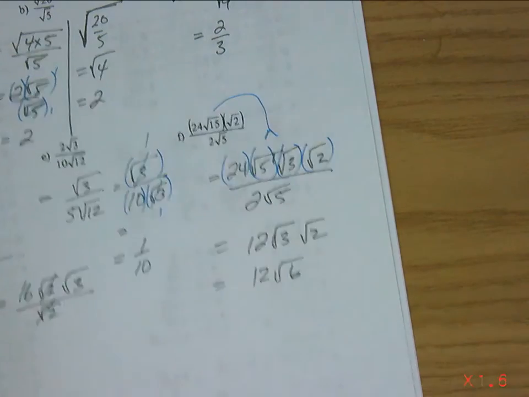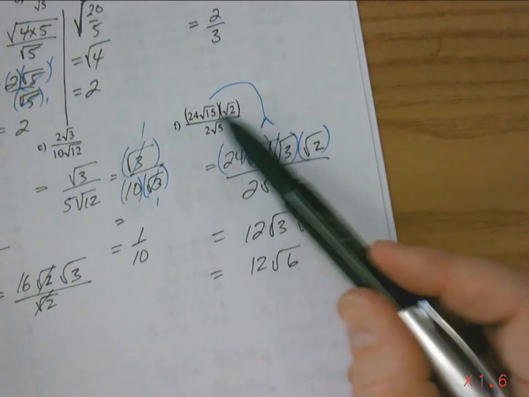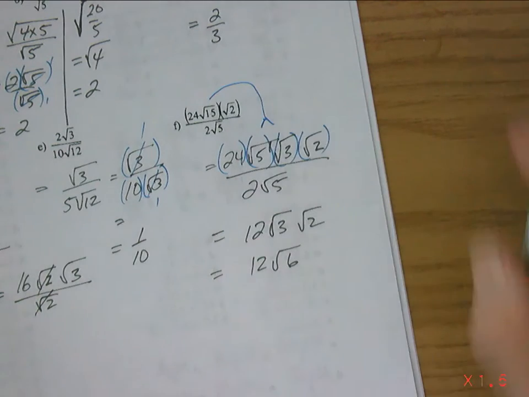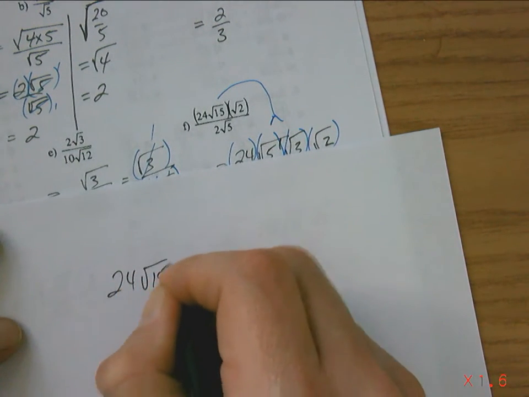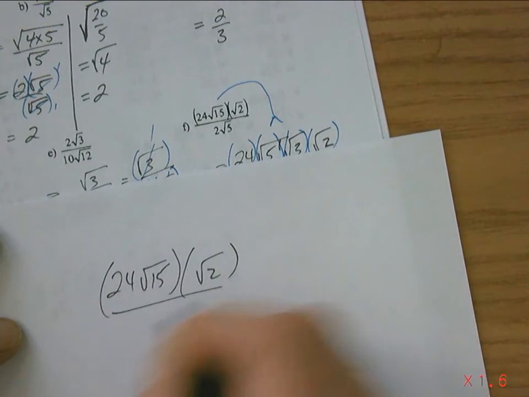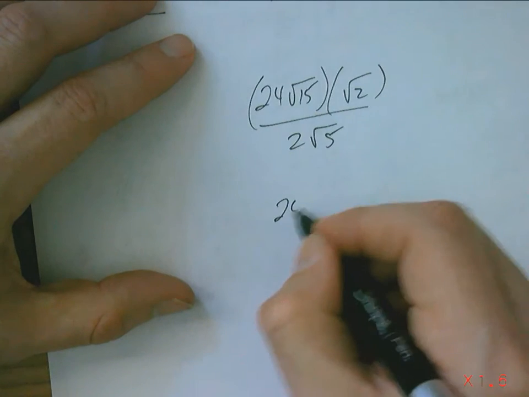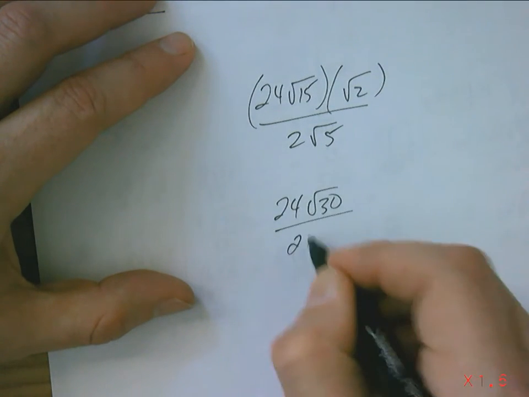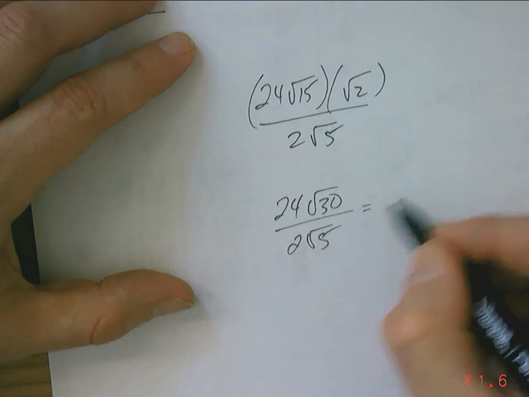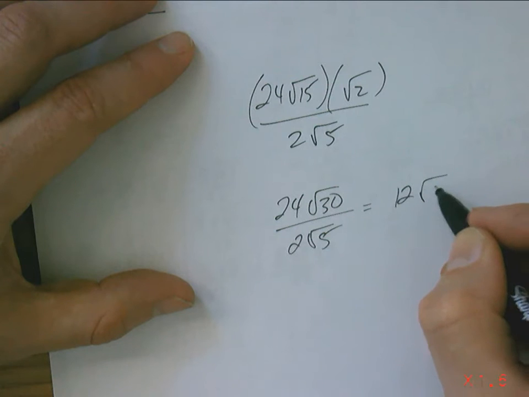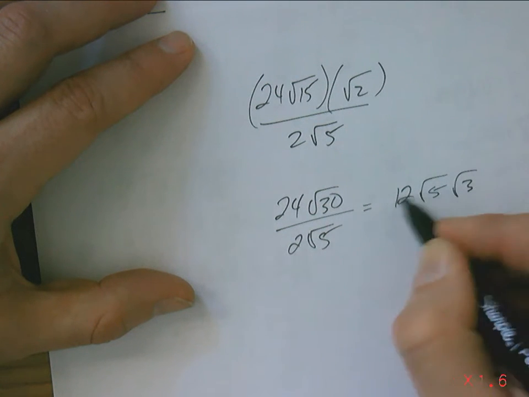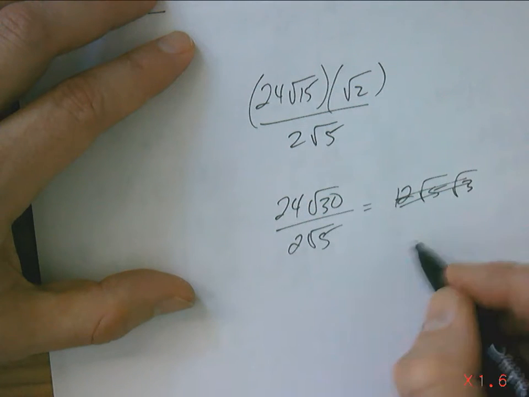Other ways to do that: I could have put the 15 and the 2 together to get root 30. Let's take a look at that real quick. I'll grab another piece of paper. So let's say I had 24 root 15 over 2 root 5. Here's another different way of doing the exact same question. Could have been 24 root 30 over top of 2 root 5. 24 divided by 2 is 12.